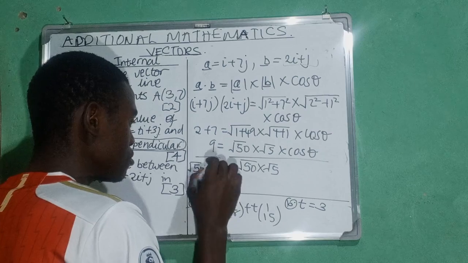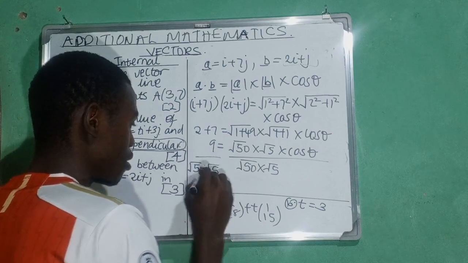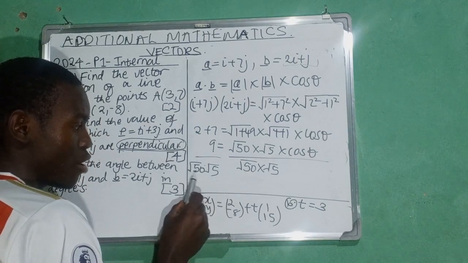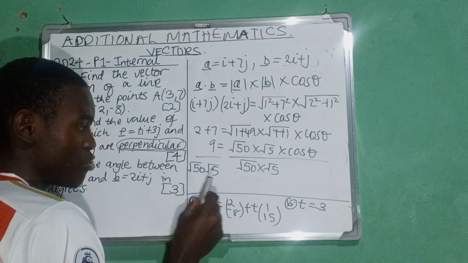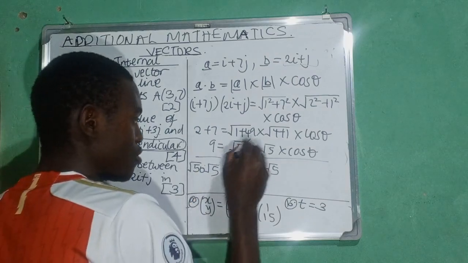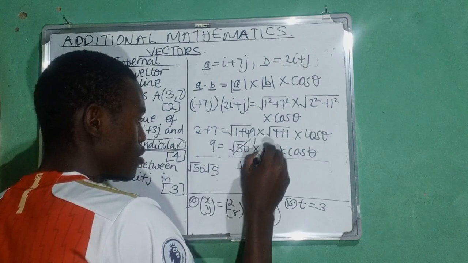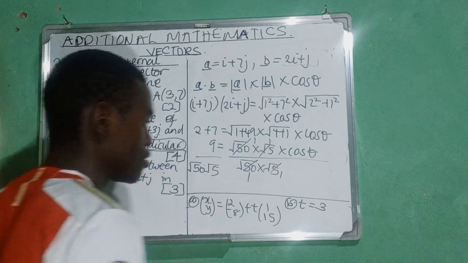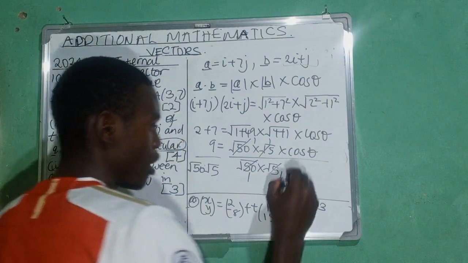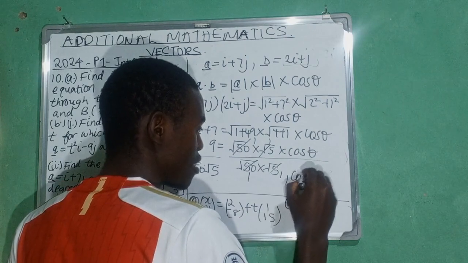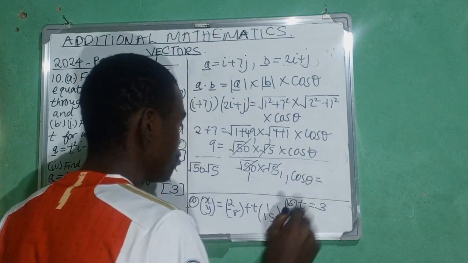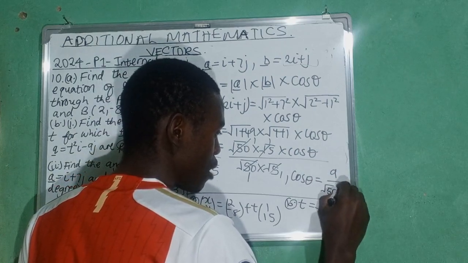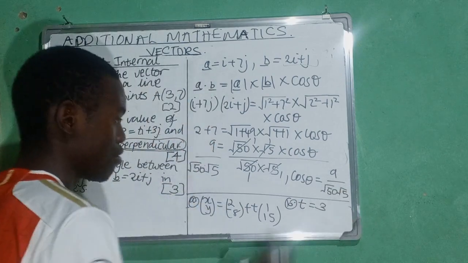When you write square root of 50, square root of 5, it simply means you're multiplying the two roots. All in all, we have cosine theta is equal to 9 divided by square root of 50 times square root of 5.